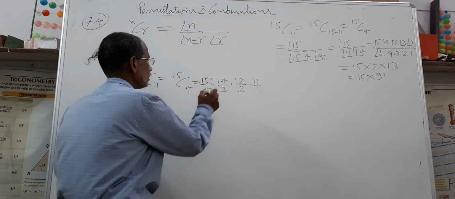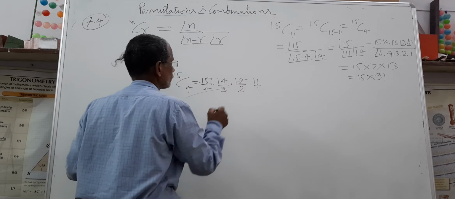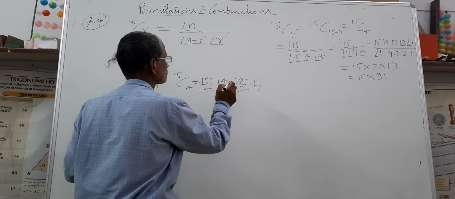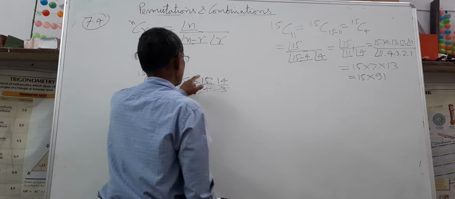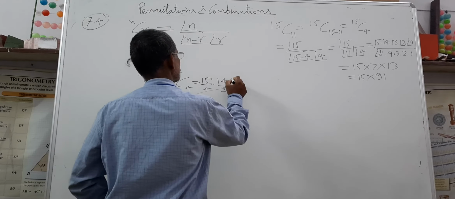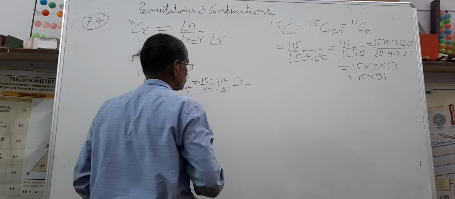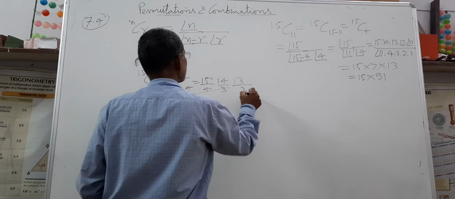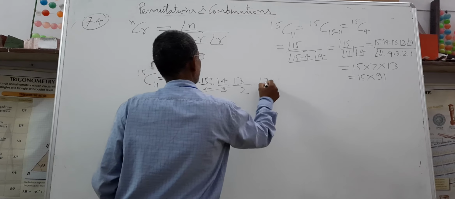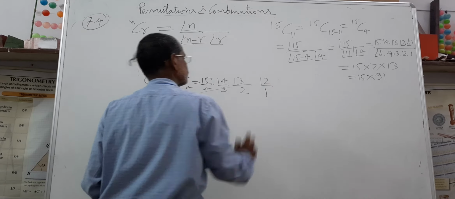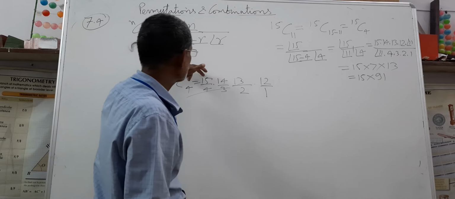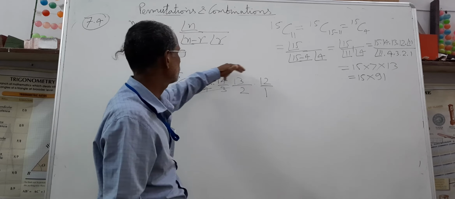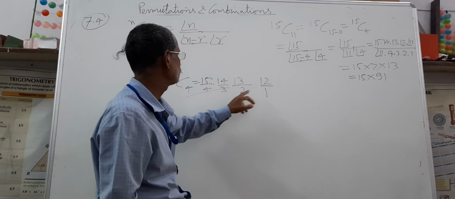Now again 4 times 3 is 12, 2 times 7 is 14. 15, 14, then 13 by 2, 12 by 1. Decrease by 1 each time: 15, 14, 13, 12 over 4, 3, 2, 1.